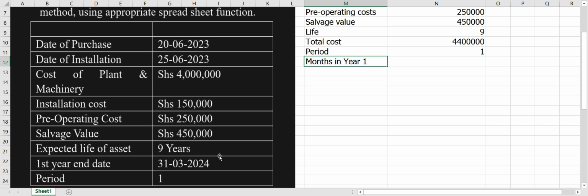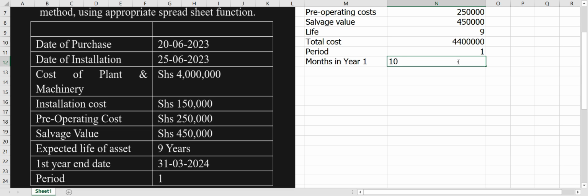The asset was purchased on 20th June. We are going to consider that as a full month. So we count from June, July, August, September, October, November, December, January, February, March. That's a period of 10 months. Because we need the months in the first year.